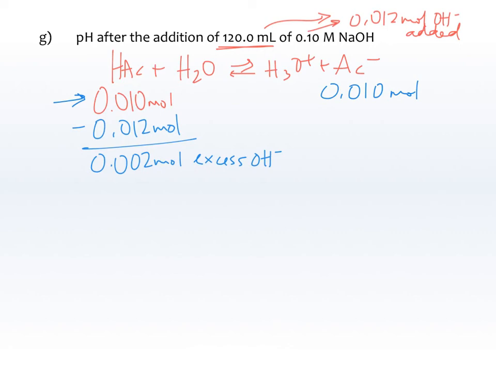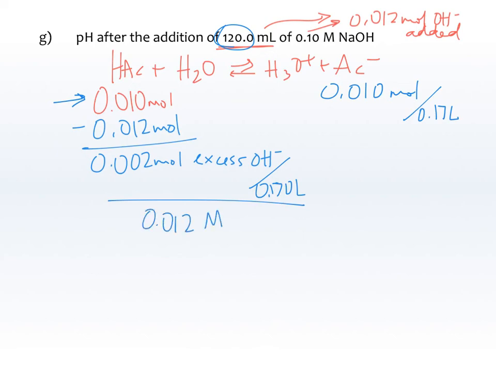Then I will divide both sides by the new total volume, 120 milliliters plus my original 50 is 170 milliliters. 0.002 moles divided by 0.17 liters, and that equals 0.012 molar OH minus and 0.059 molar Ac minus.